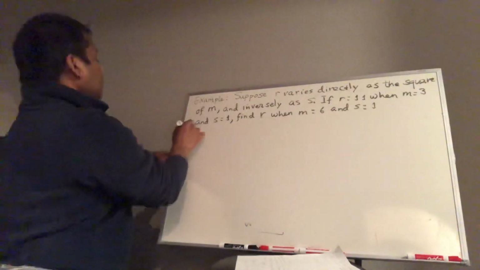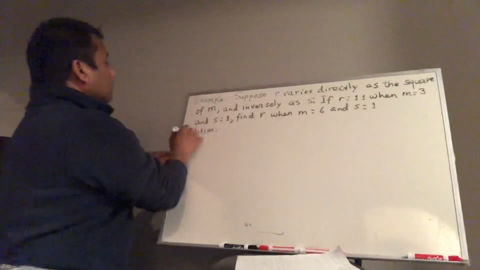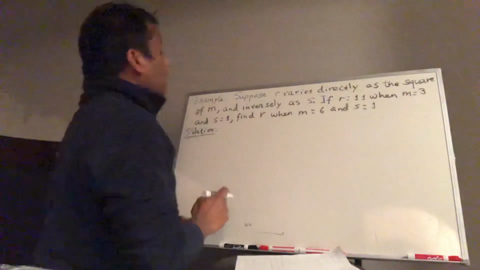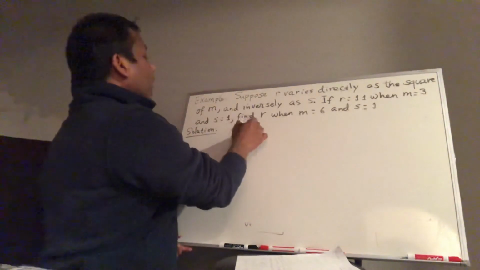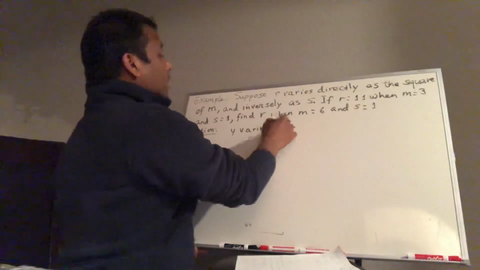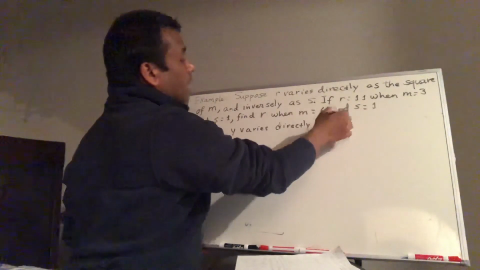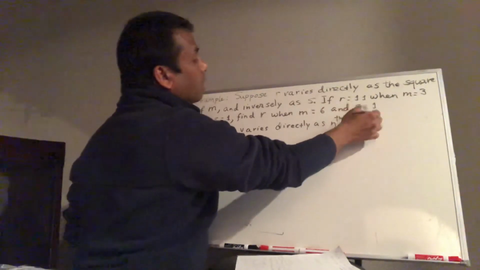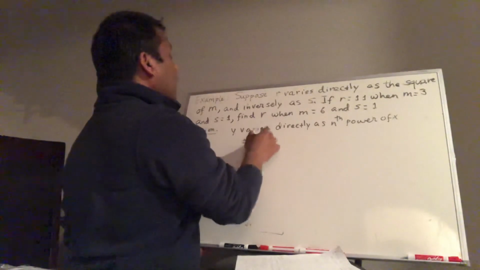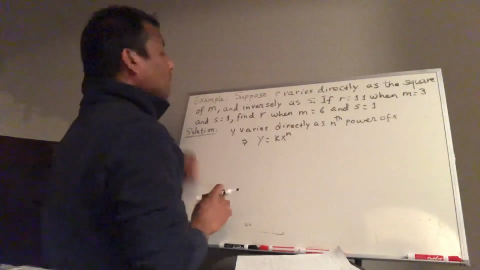Okay, so let me solve this problem. So you remember, if y varies directly as nth power of x, that means y equals kx to the power n, right?